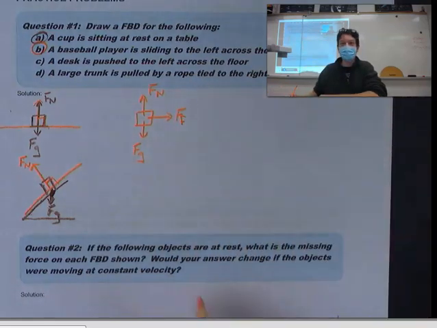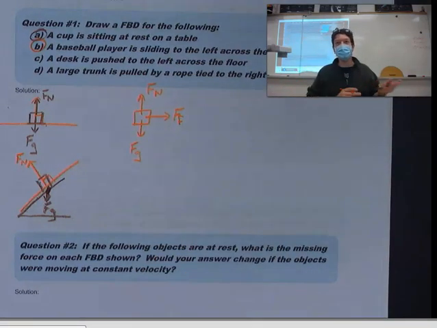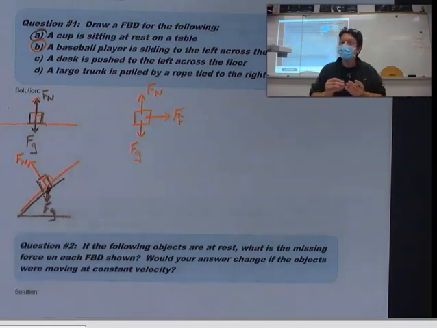Now, a lot of times people want to say, well, if he's moving to the left, there must be a force to the left. I get a lot of students writing a force of motion or a force of movement or a force of, I don't know, something. There is no force of movement. We'll get to this later, but forces cause a change in motion. They cause an acceleration. They don't cause velocity. So if something's moving to the left, it does not mean there must be a force to the left.